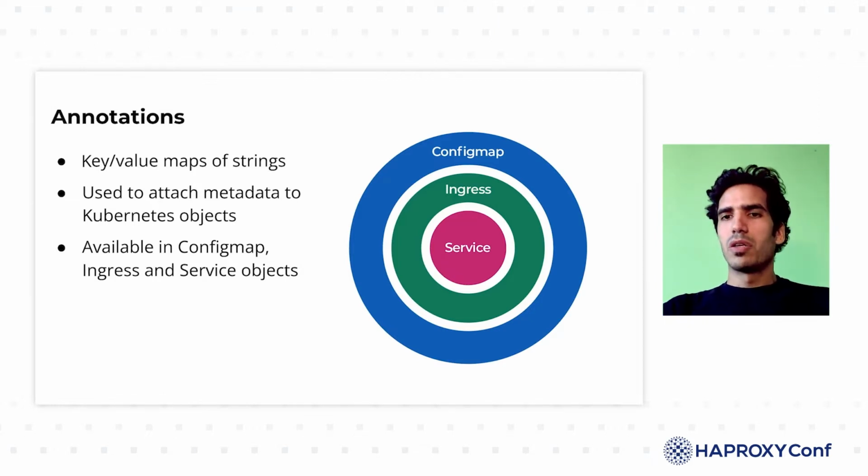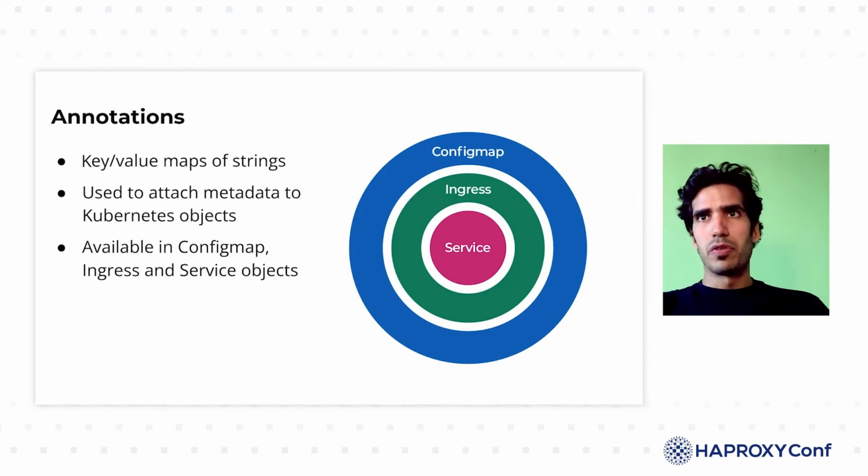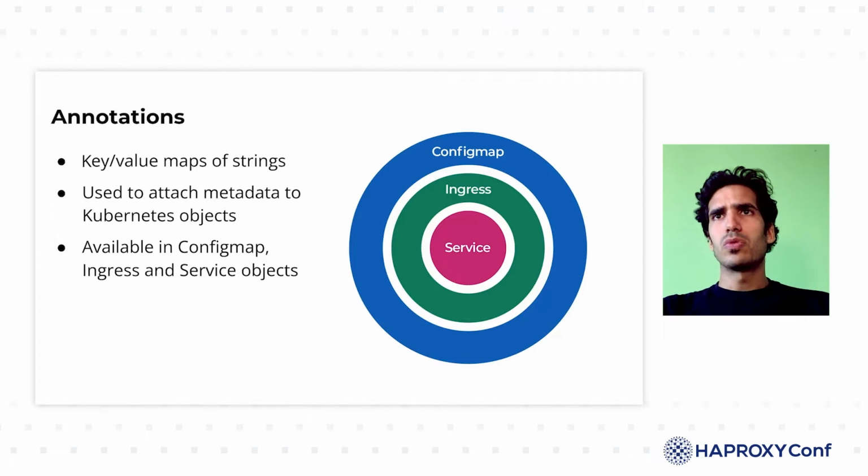Some annotations can only be set at a specific scope. For example, it does not make sense to configure global options on a service or on an ingress, so global options are only available as annotations on config maps.